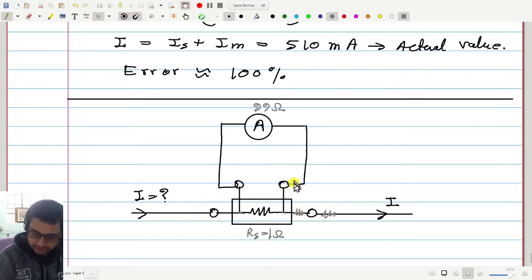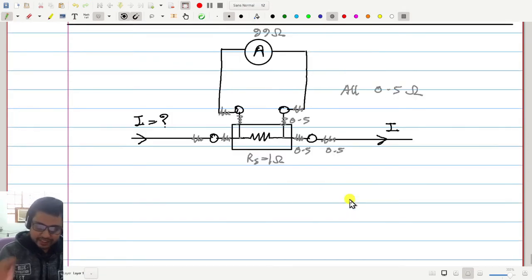Here, here, here, here, everywhere. And let us again take all these resistances to be half ohm, all of them 0.5, everywhere. I am not writing everywhere.